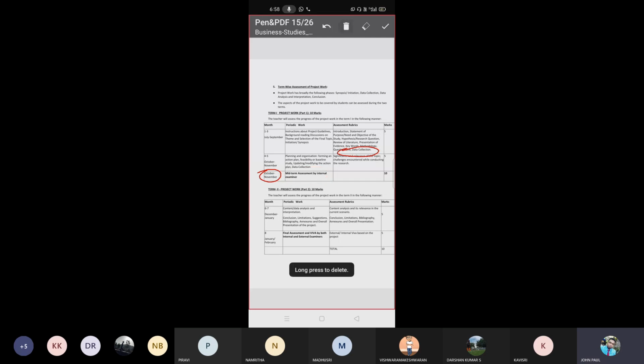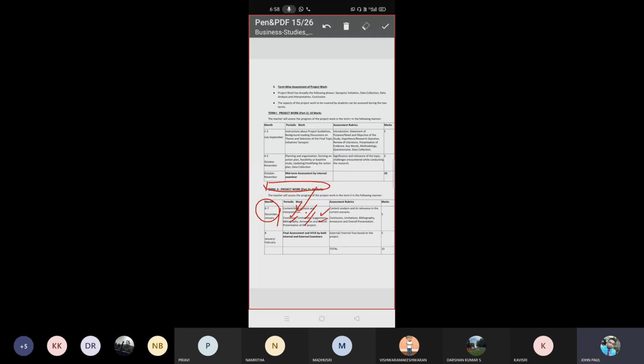Okay. So next, the term 2 project: the teacher will assess the progress of project work in term 2 in the following manner. Data analysis, conclusion, limitation, suggestion from the research, bibliography, and actual overall presentation.